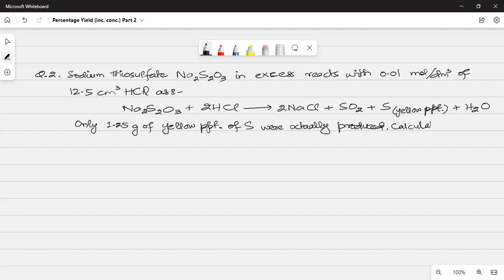Okay. So you are supposed to calculate the percentage yield. Again, in a similar way, I am going to chalk out your steps. So your first step would be moles of HCl reacted. And of course, the answer is going to come out as 10 raised to power minus 3 or 10 raised to power minus 4.